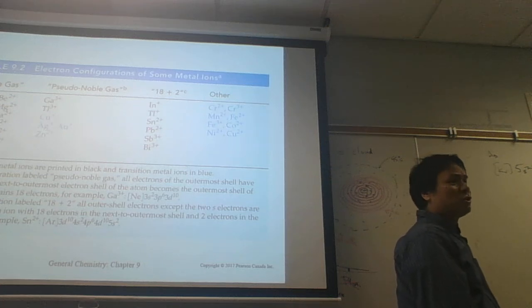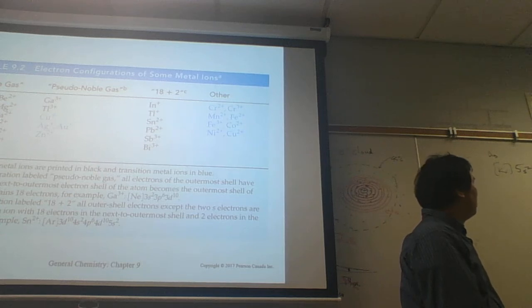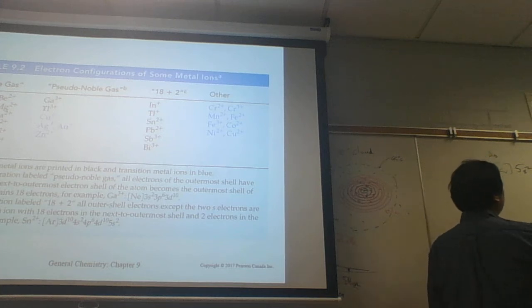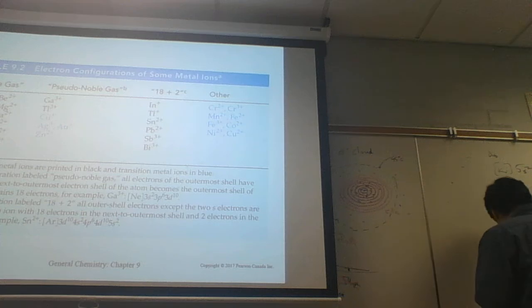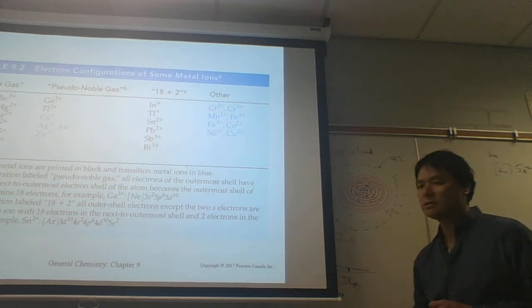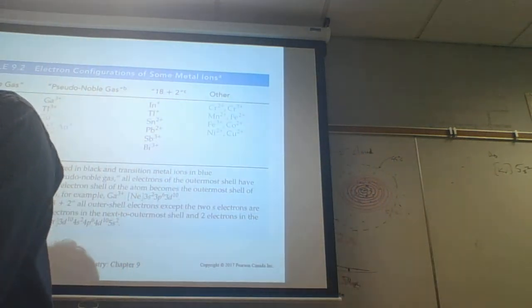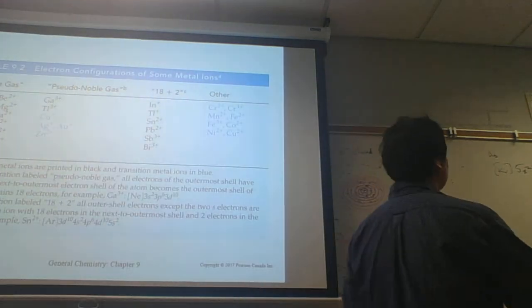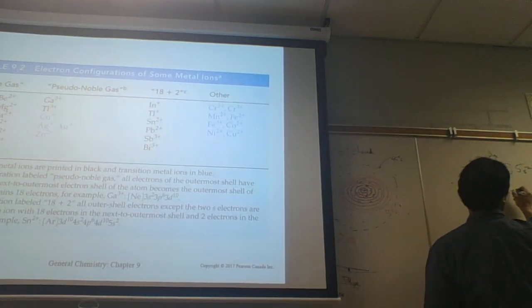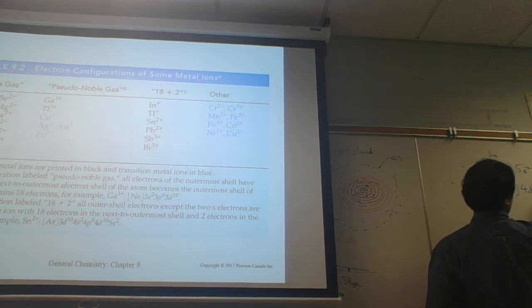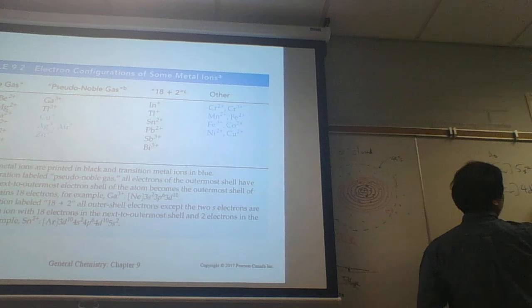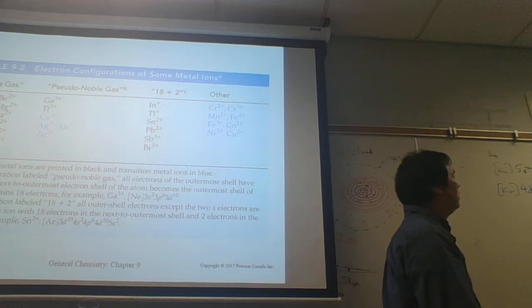d is 1 electron short from being a full cake, or full pie. So that symmetry is important. This is not the actual electron configuration. We can promote 1 electron, not 2 electrons, because 2 electrons would cost too much energy. So silver should be krypton 4d10 5s1.